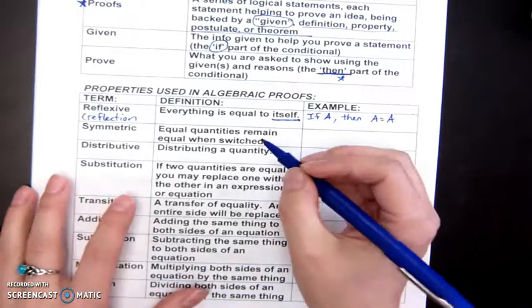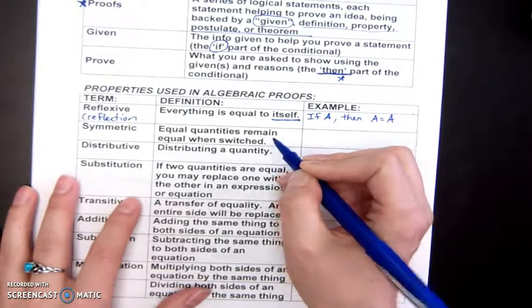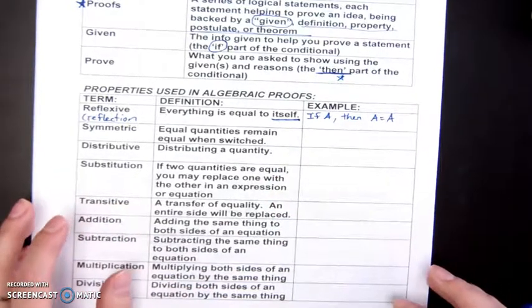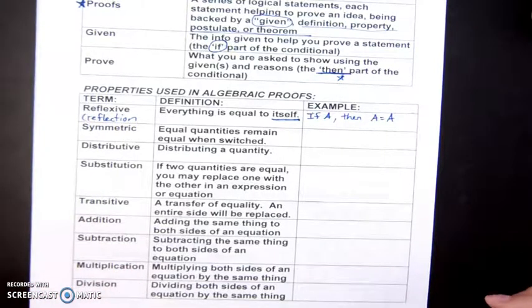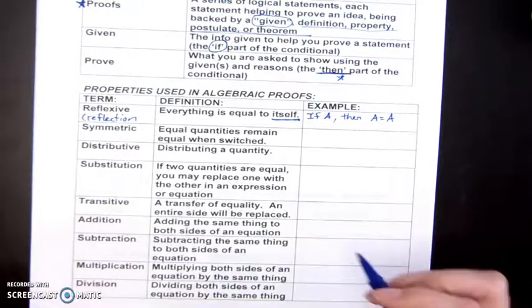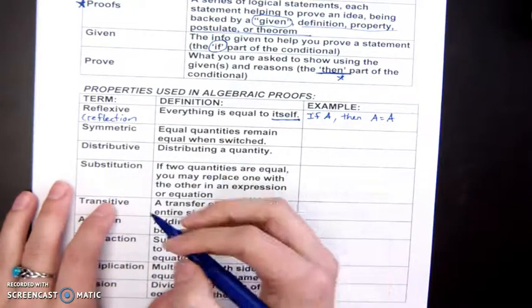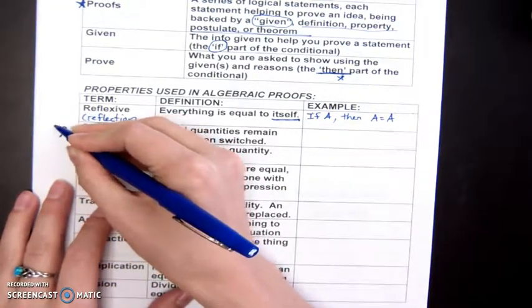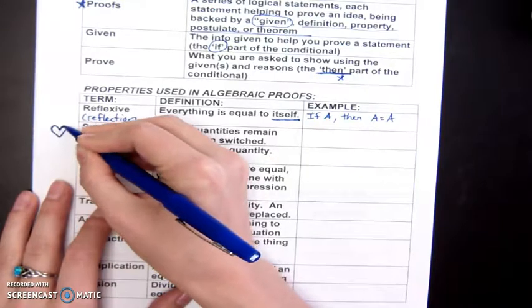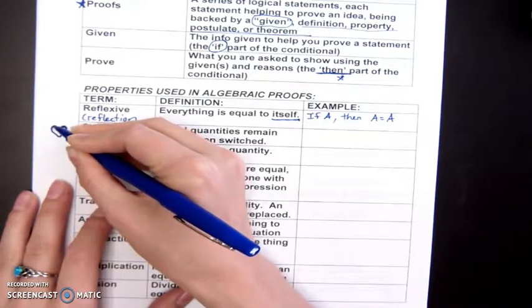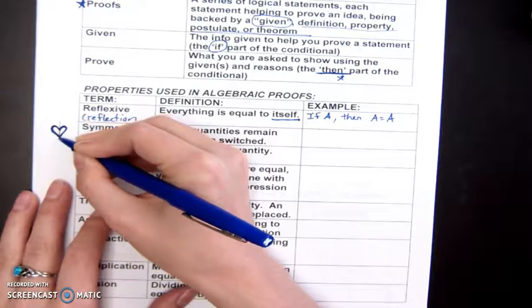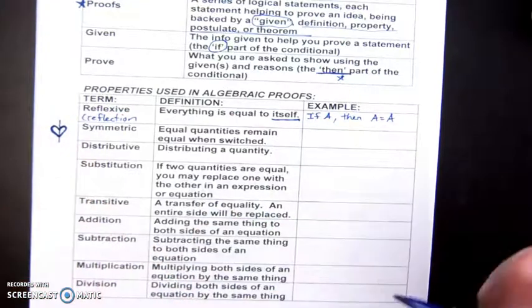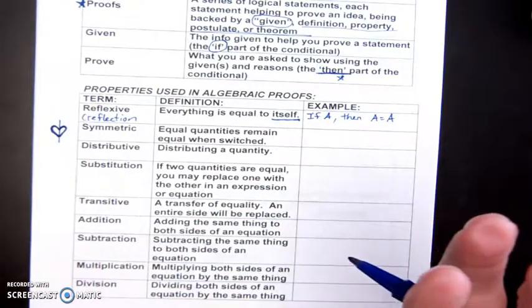Symmetric means they're equal when they're switched. Do you know the word symmetry? Some people do. Symmetry means it's exactly the same. Like if I drew a heart and it was a symmetric heart, which this isn't, but we'll pretend, and I draw a line through it, each side is exactly the same, right?